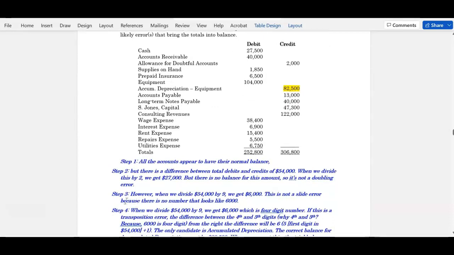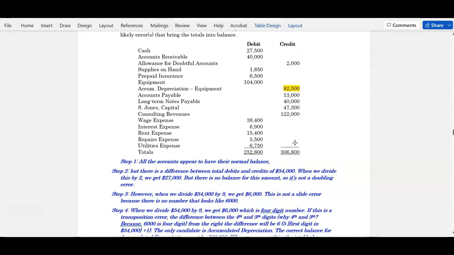Step 3, the difference is 54, right? 306 minus 252 is 54. 54,000 divided by the magic number of 9, we get 6,000. And you look for something that looks like 6,000. You see anything like 6,000?